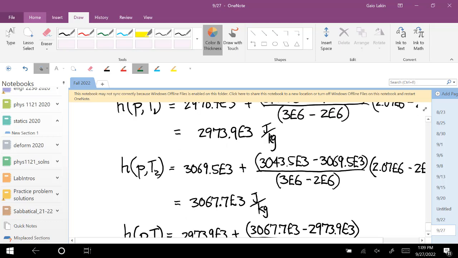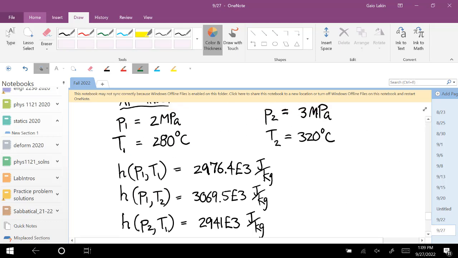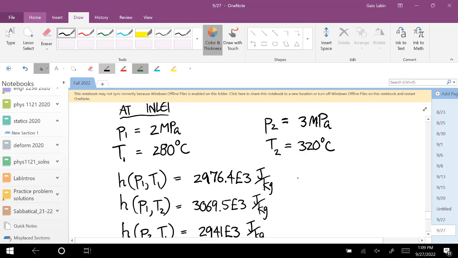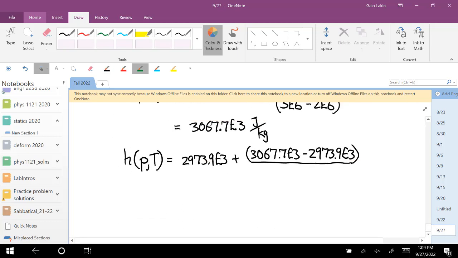And now we're dividing by the difference in temperatures this time, so 320 minus 280. Then multiplied by 315.6, our desired temperature, minus the lower temperature, the starting temperature.